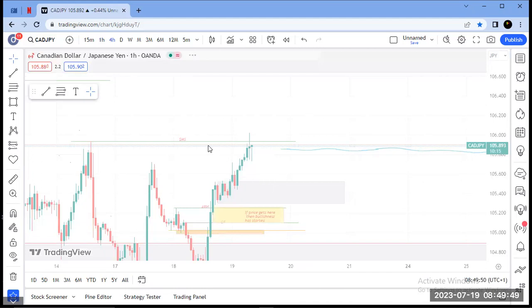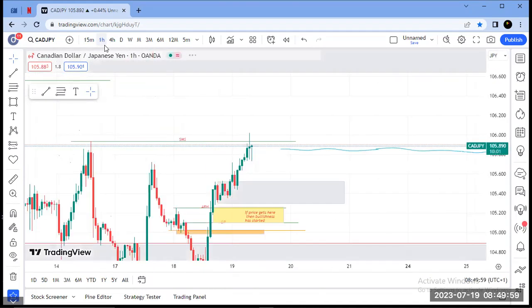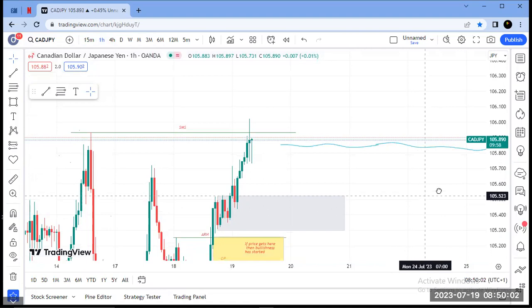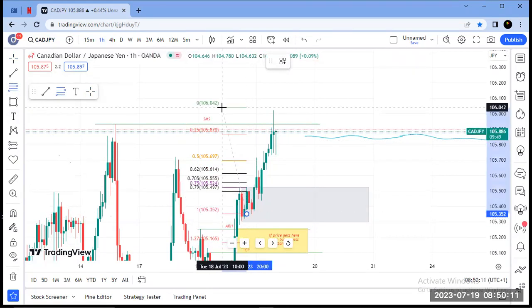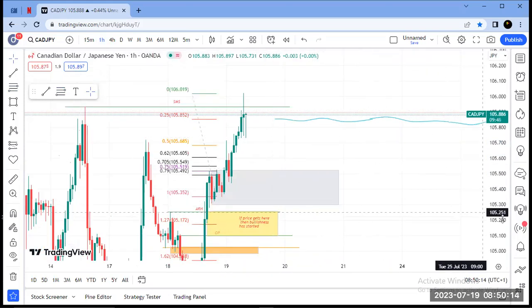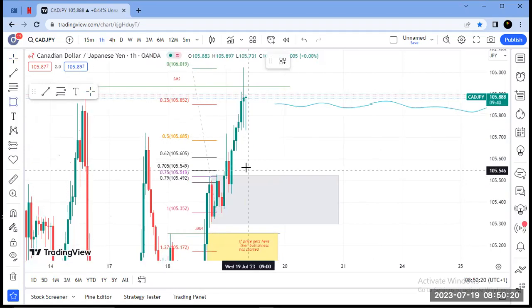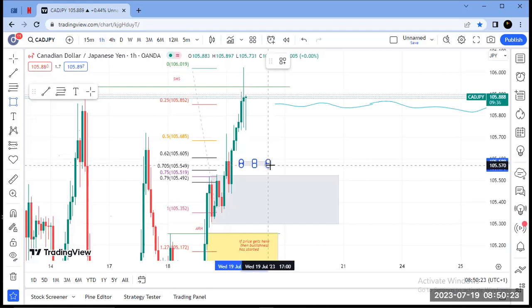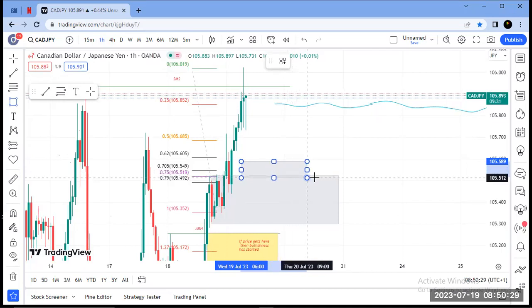But for those that have not entered for the CAD JPY, if the market gets to anywhere around here, you can look to continue your buys from here in threshold.